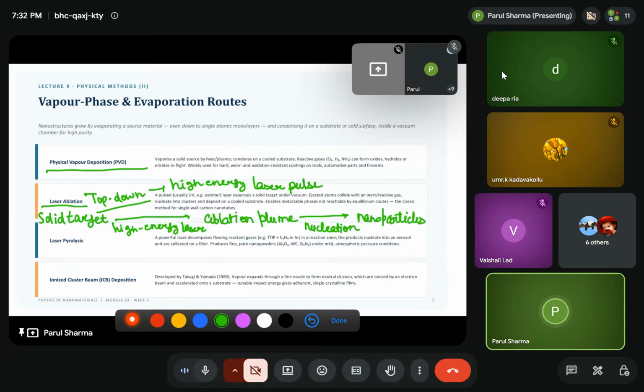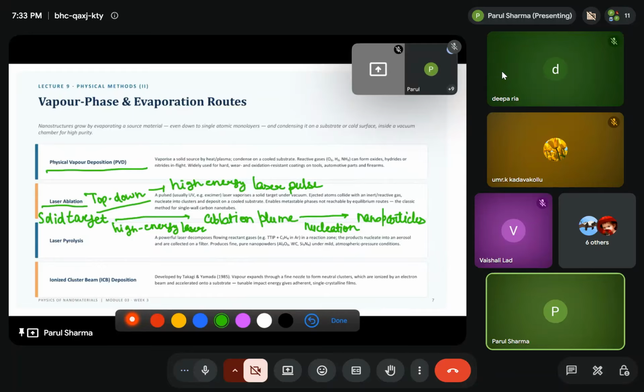So this is the process. A pulsed laser is focused onto the surface. Since it is pulsed, the energy will be high for a very short duration. Then the target will absorb that laser radiation and it will produce rapid heating. If the laser fluence is sufficiently high, the material is removed from the surface.